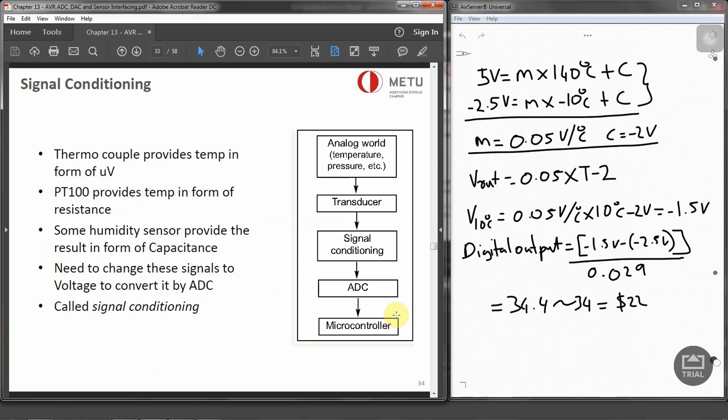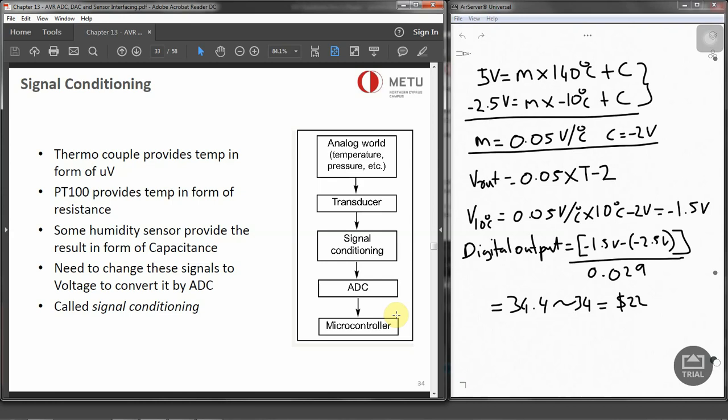They can be microvolts or maybe capacitance or resistance or a current itself. So we need some kind of signal conditioning to convert these to valid voltage levels so that the ADC can get these voltage levels and convert them to binary values.